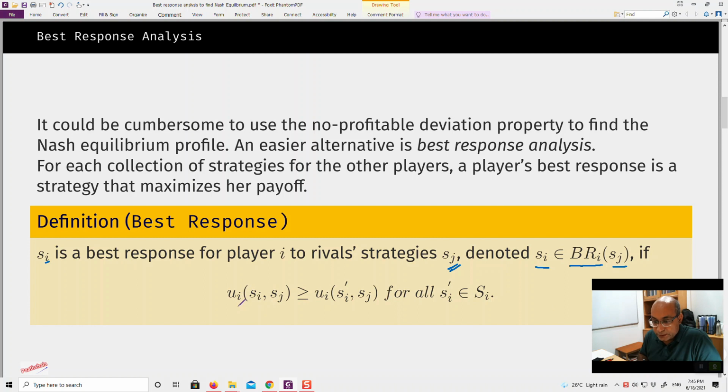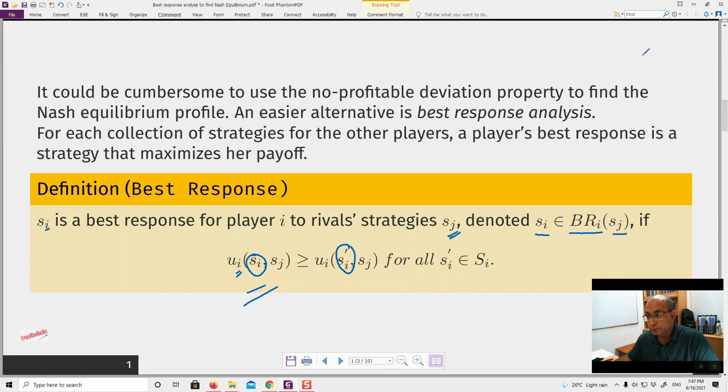The payoff resulting to player I is greater than or equal to the payoff resulting from playing any other strategy other than the best response, while the players J are sticking to their strategy. So you see here the player I is playing the best response strategy S_I, and here he is playing some other strategy. If the payoff from playing the best response strategy is greater than or equal to that from any other strategy, then this is a best response.